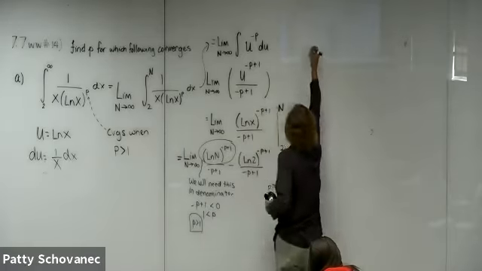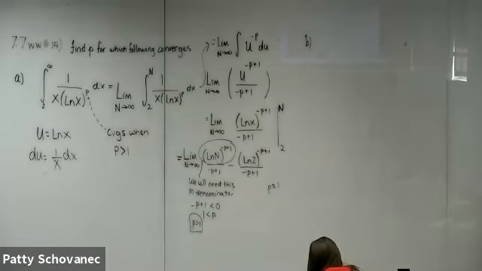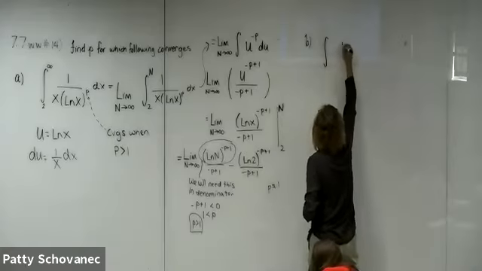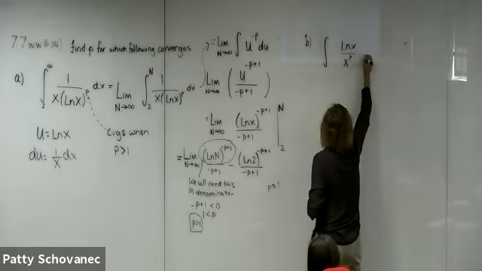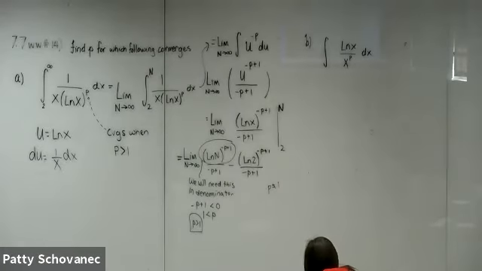Part B. We have the natural log of x in the numerator, x to the p in the denominator, and the same limits of integration, 2 to infinity.